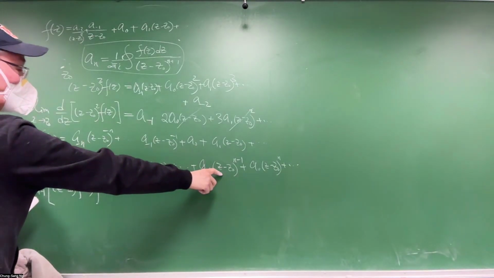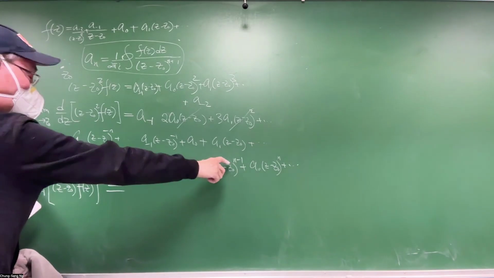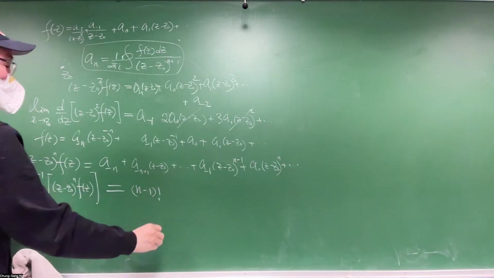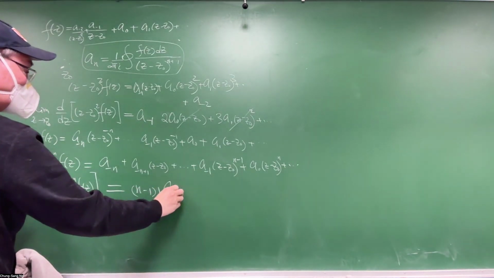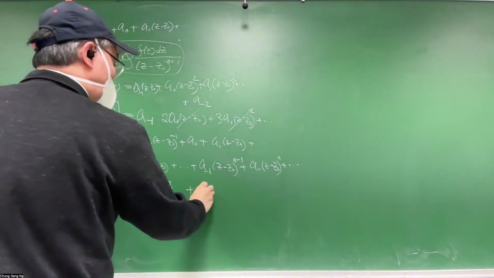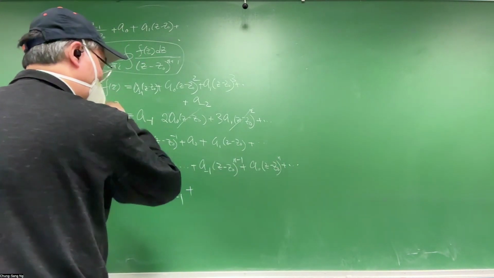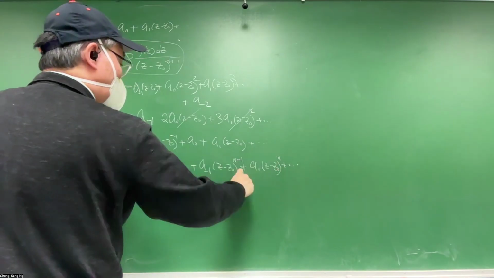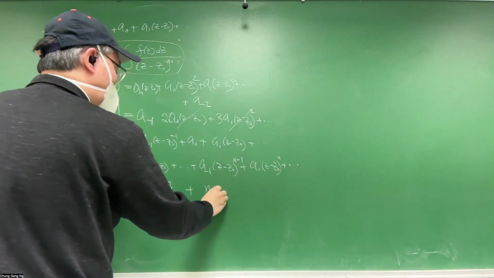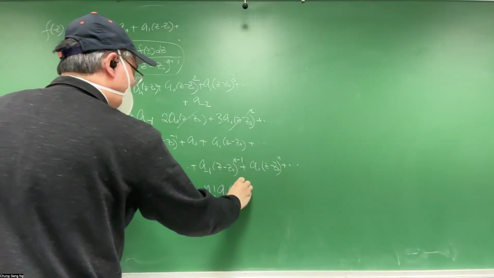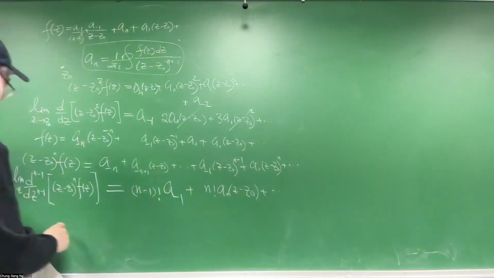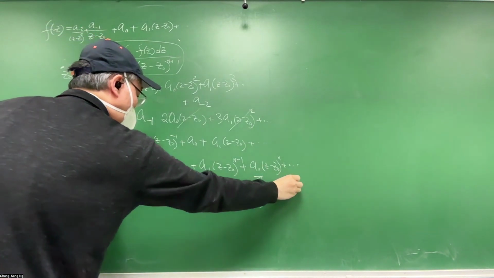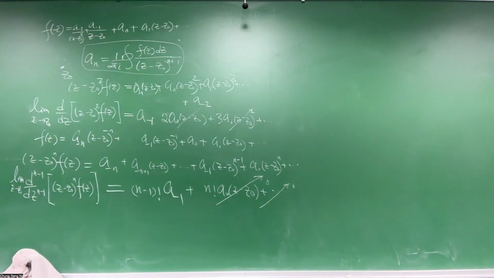But also, yeah, you need the factorial, because you take n minus 1 derivatives, so you have an n minus 1 factorial, and you get the a minus 1, and then that one also has an n, actually it's n factorial, but that doesn't matter, because you kill all of them by c tends to c sub 0, so these other terms are all 0 after you take the limit.